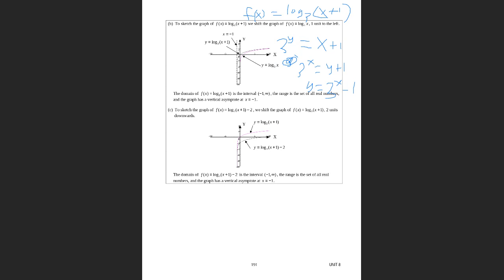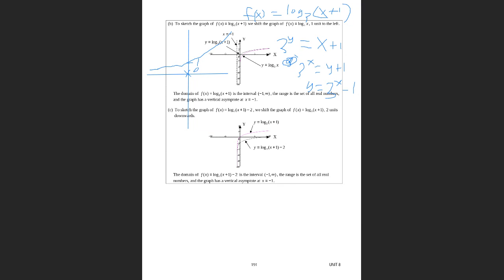Now the original graph will look like this. If we start with the original graph, it's 3 to the power x. The number here is positive, so we are going to have 1 here. Our graph will look like this, an increasing function, because the base is greater than 1. But it is minus 1, which means your point will come here, 0.